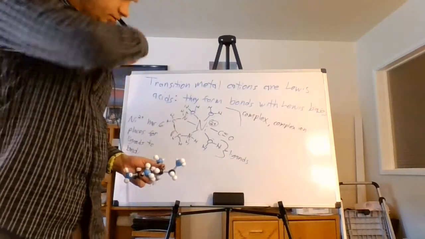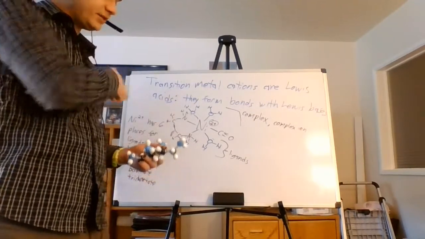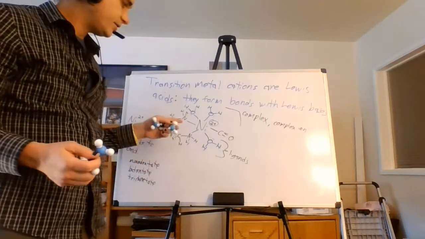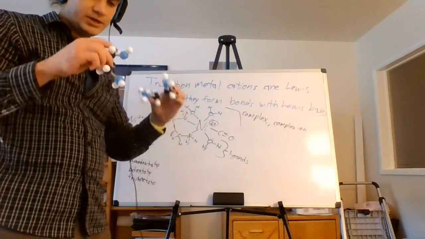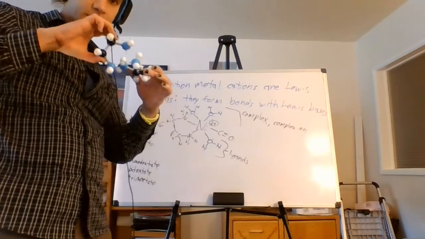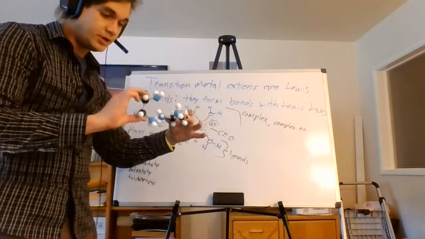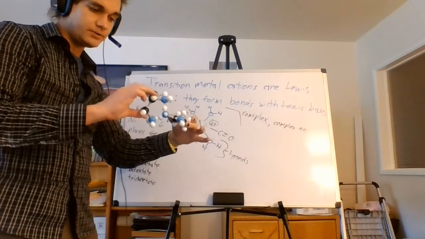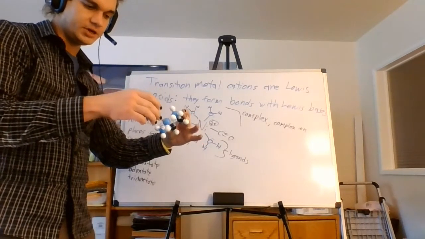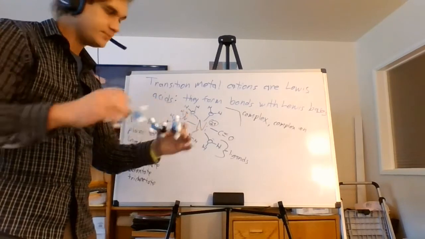Now, since ethylene diamines can bind in two different locations, and there are 6 possibilities here, we can get more than one ethylene diamine bonded to each nickel ion. We can get them bonding like this, we can get a couple bonding like that, and then one more like that.